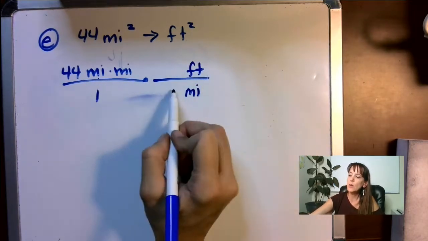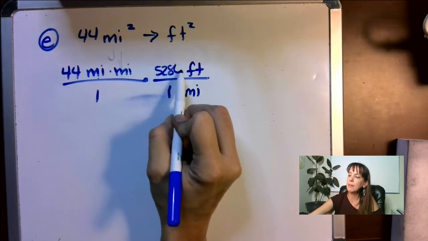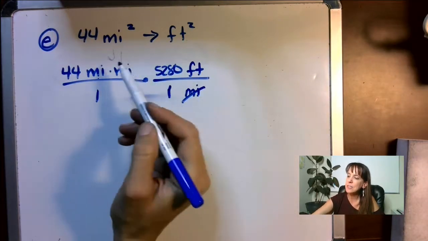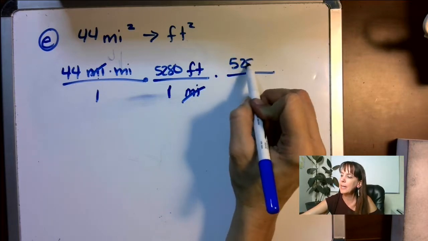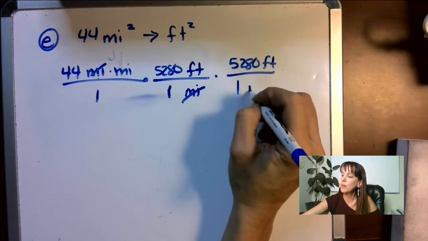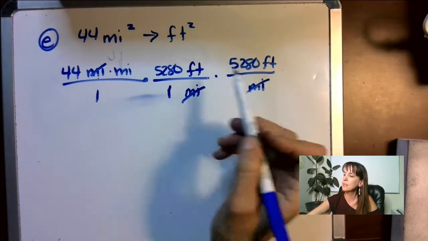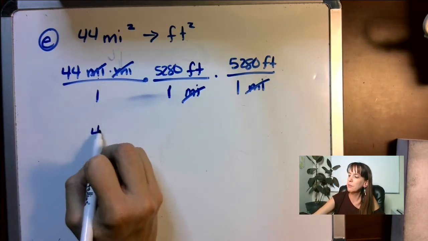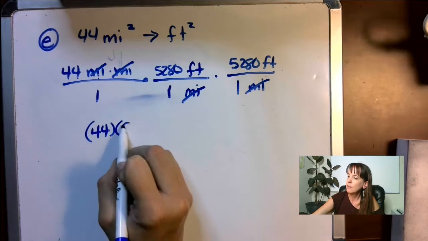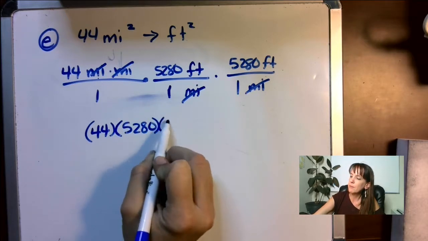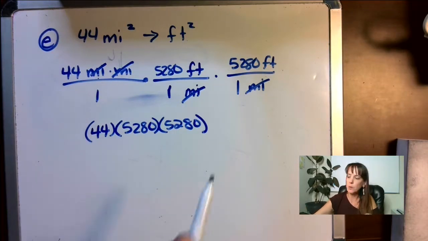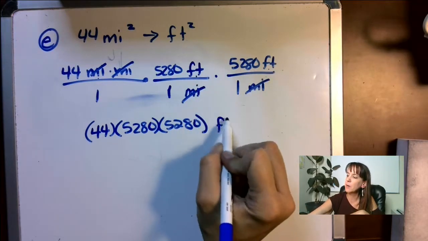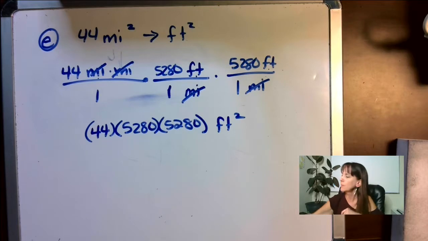In 1 mile, there are 5280 feet. This cancels out this, but I've got to do it again. So 5280 feet and 1 mile. This cancels out this, and on the top, I'm left with 44 times 5280 times 5280. And on the bottom, just ones, so we don't need to worry about that. I get feet squared. Okay, feet squared. Excellent work.